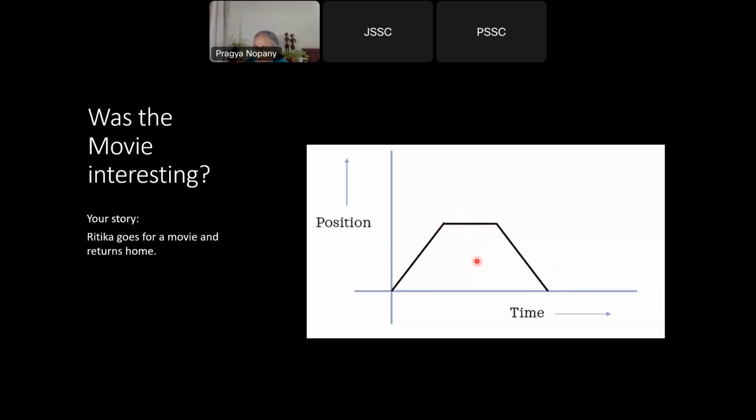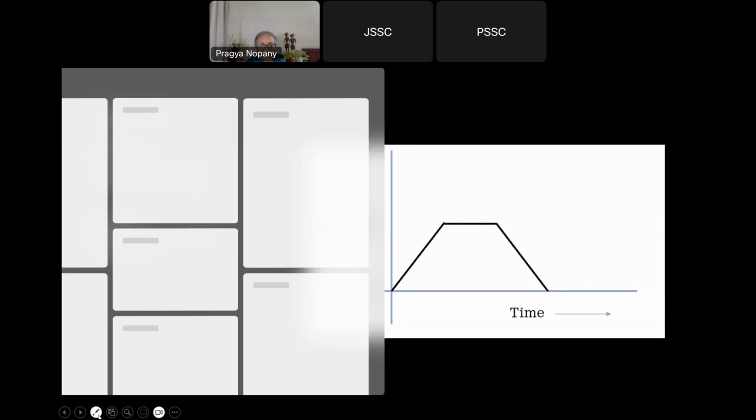And if she has spent that much time in cinema hall, she must have found it interesting. But if this is half an hour, and this is half an hour, the movie was definitely not interesting, because that is why she has got up and left the movie in between. So you see, there are more things to look at. You can go deeper into data analysis, and that is another capability that we must develop in the children, right?